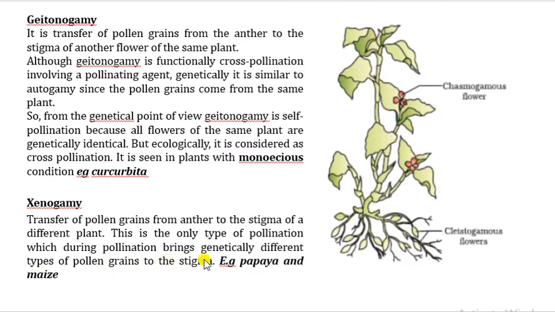So genetic recombination will take place, because genetically different pollen comes in contact with a genetically different stigma, since the stigma belongs to another plant. For example, it happens in papaya and maize.